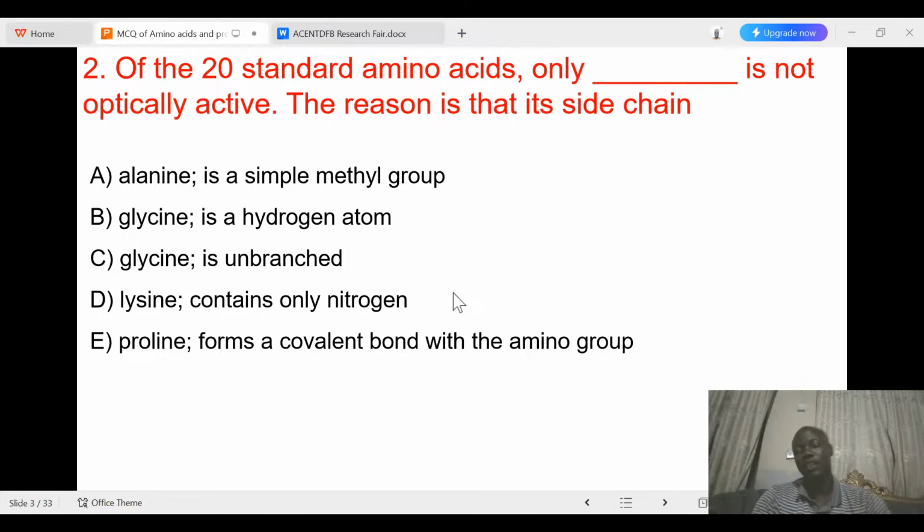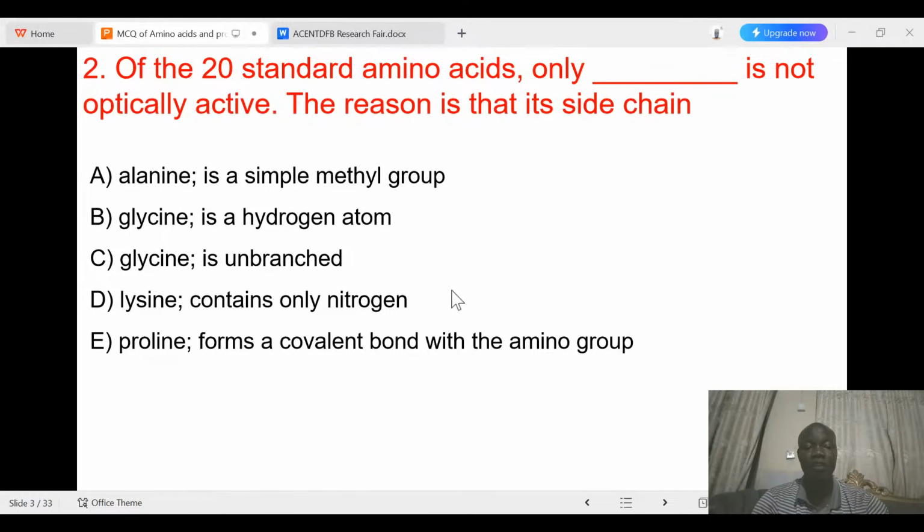So I think, ladies and gentlemen, without wasting much of our time, we can see that glycine is not optically active because the alpha carbon, or the central carbon, contains two hydrogen atoms. So it's not actually four different groups that attach to it, and that is why glycine is considered a non-optically active amino acid.